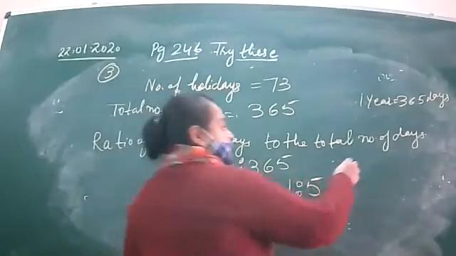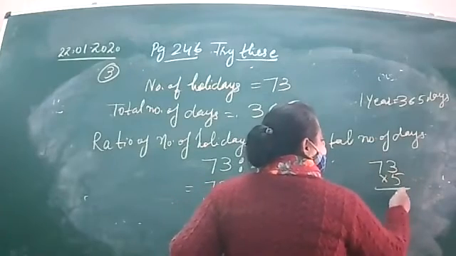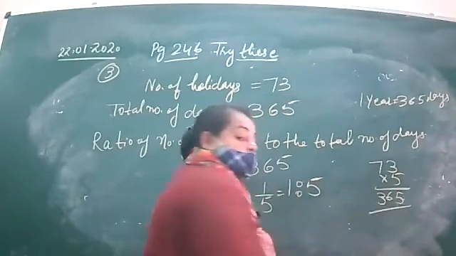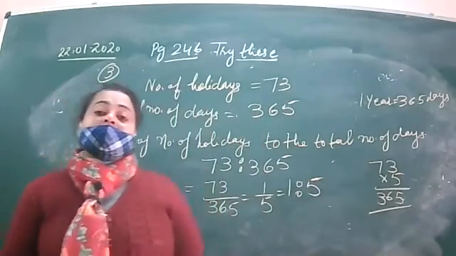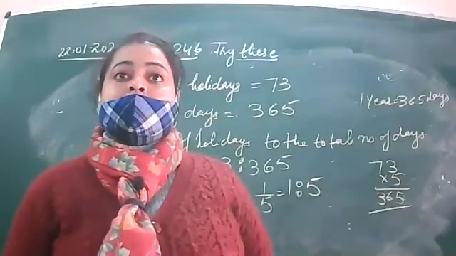Whenever you multiply 73 with 5, you will get 365. If the cancellation is possible, then you have to show cancellation.